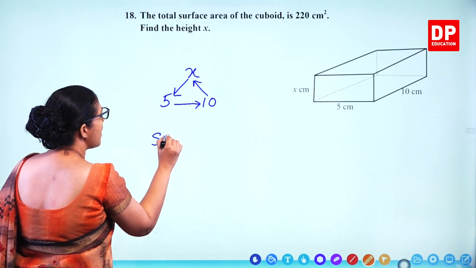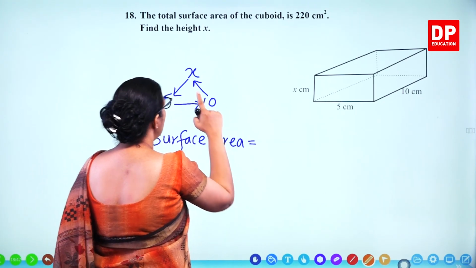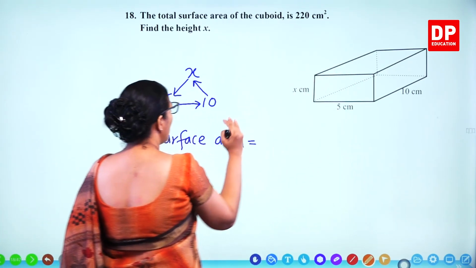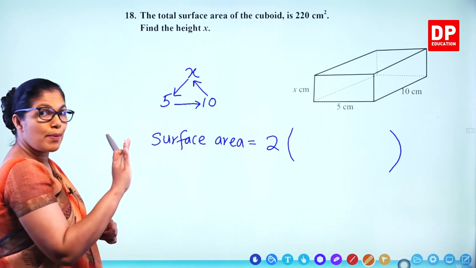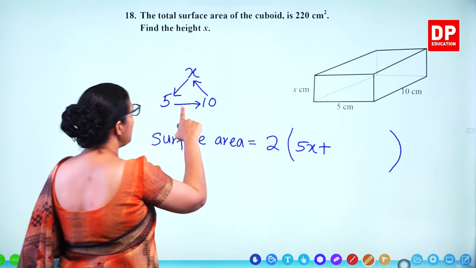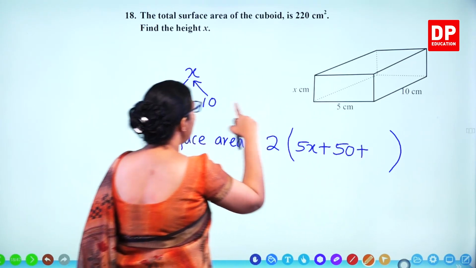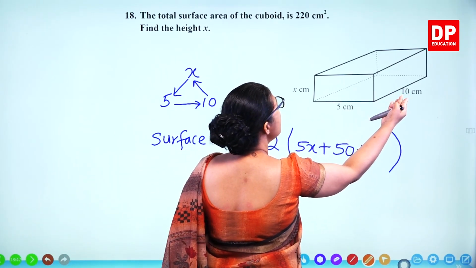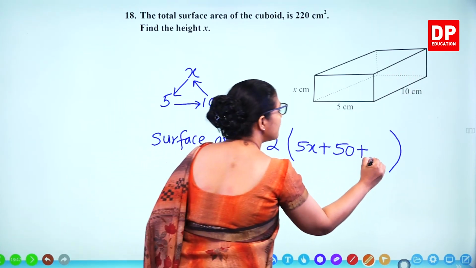So surface area: 5 and x means this surface. So you get 2 times each side, double. 5 and x, 5x. Then 5 with 10, 5 times 10, 50. Then 10 with x, this side, so 10x.